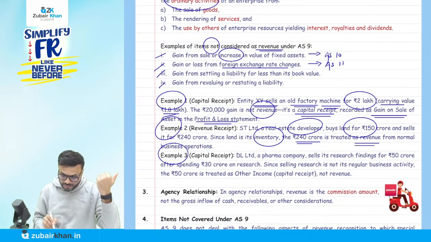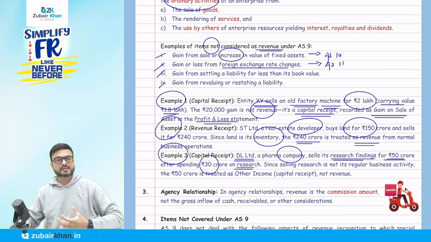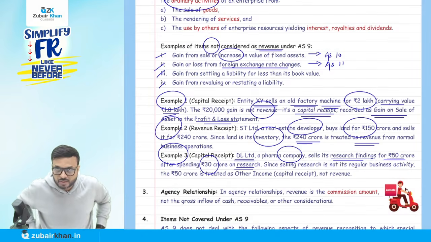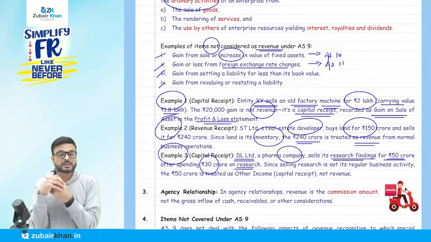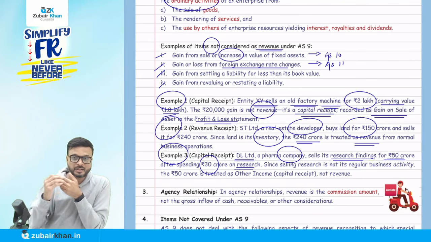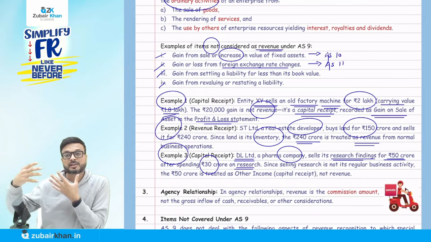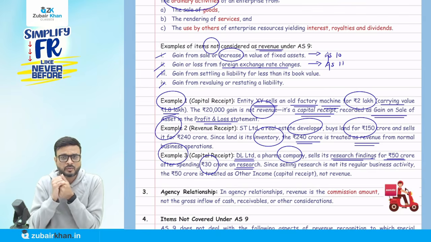Now the third example: DL Limited, a pharma company, sells its research findings for rupees 50 crore after spending rupees 30 crore on research. They have done certain research, then sold those research findings. They incurred 30 crore in expenses and sold at 50 crore, so they made a profit of 20 crore. Selling research is not their regular business.